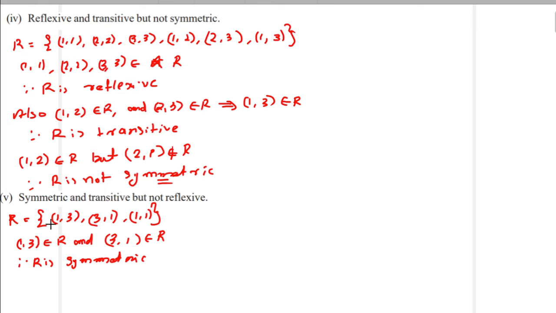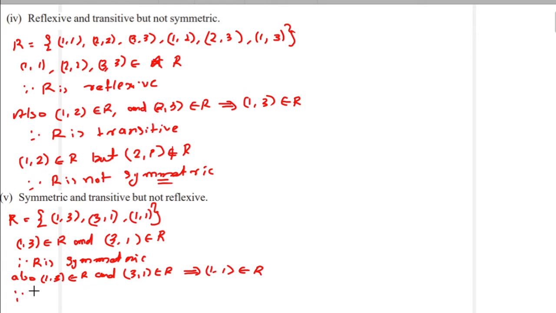And also here (1, 3) belongs to R and (3, 1) belongs to R. This implies (1, 1) belongs to R.